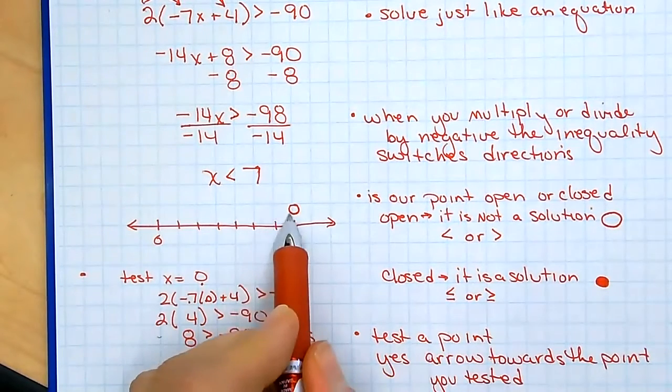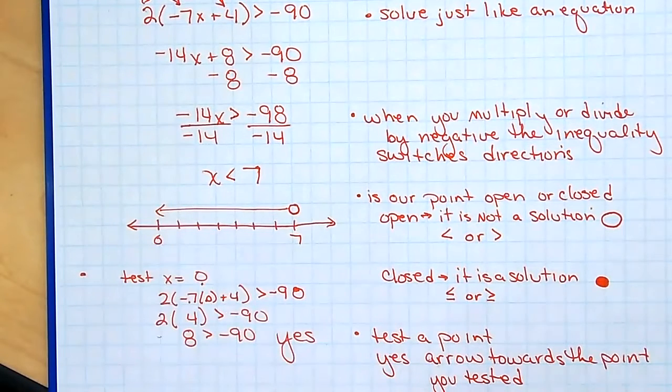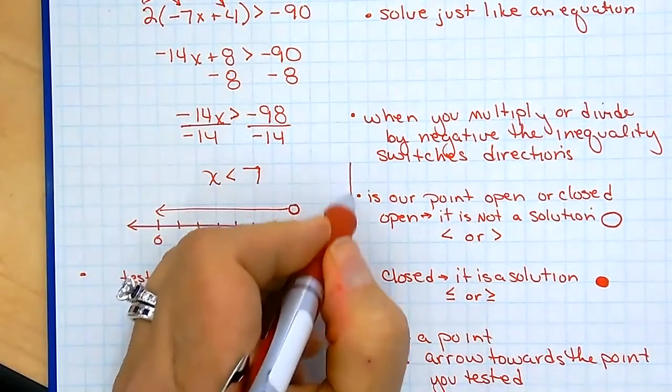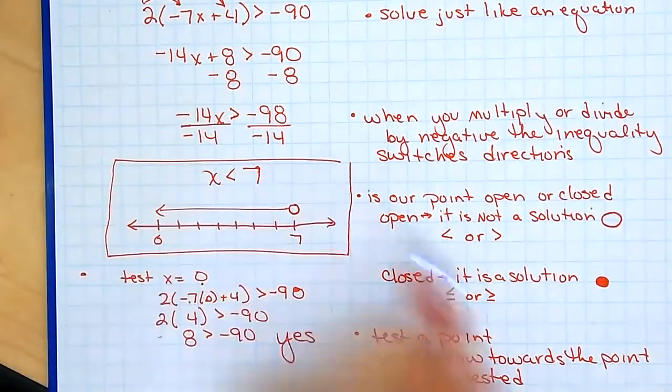And so since I tested 0 and it's yes, my arrow is going to go towards 0. And that's my solution and my graph. So I need to see, when you do your worksheets, I need to see both of these two things.